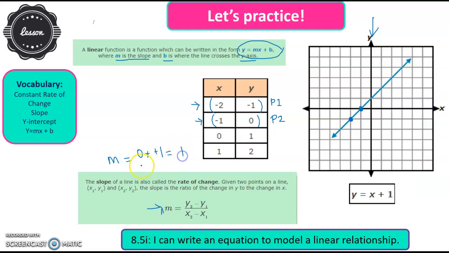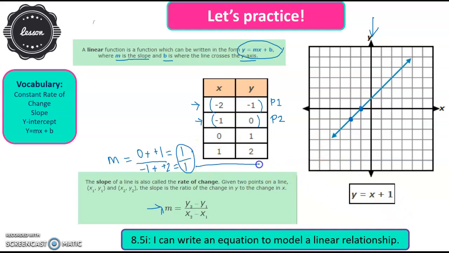So that would equal 1 over our x2, which is -1, minus our x1, which is -2, again makes that positive. And that would get us -1 plus 2 is just 1. So we've got 1 over 1 as our rate of change.